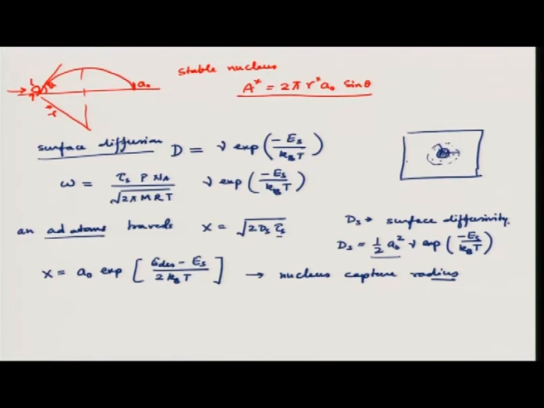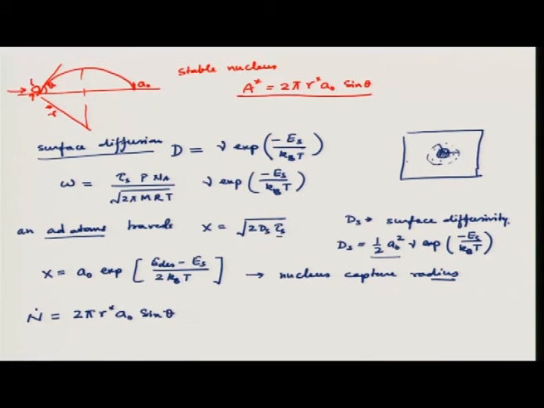If there is an atom falling within this radius of the stable nuclei, then only this atom will be part of that thin film growth process, otherwise it will go back to the vapor phase. Now, accounting for all of this, we can write the nucleation rate as 2 pi r star a0 sin theta.